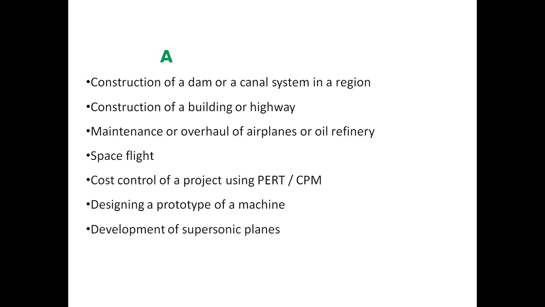Then the applications of PERT and CPM include the construction of a dam or a canal system in a region, construction of a building or highway maintenance, or overhauling of airplanes or oil refineries. Then space flights, controlling the cost of a project, designing a prototype of a machine, and development of supersonic planes.